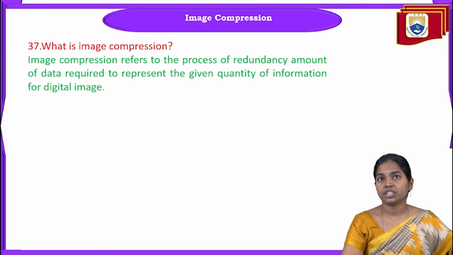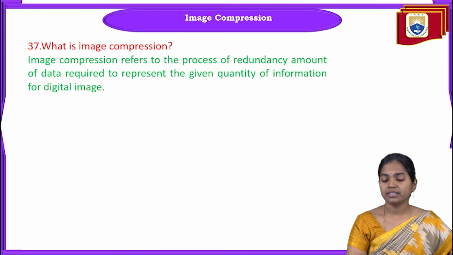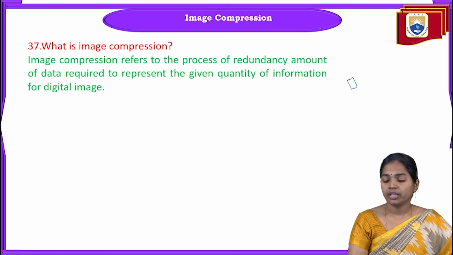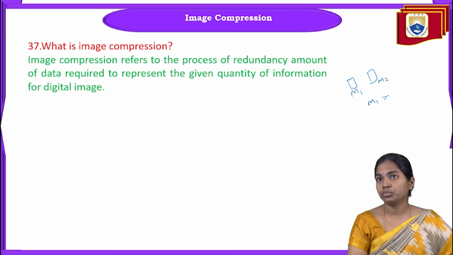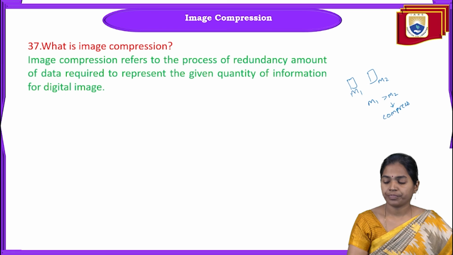What is image compression? Image compression refers to the process of reducing the amount of data required to represent a given quantity of information in a digital image. In image compression, if the image memory is represented with M1 and after compression the image is represented with M2, M1 is always greater than M2 when compression is done.